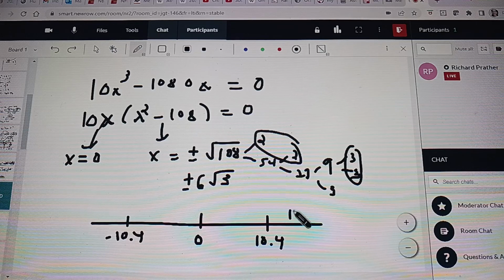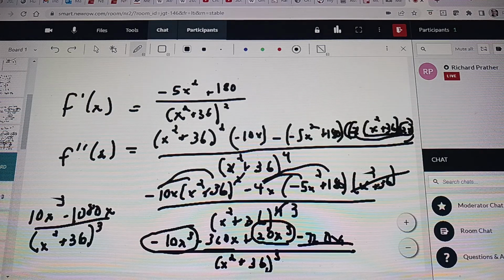You would need to pick something like 11, 1, negative 1, and negative 11 and plug it into the second derivative to see when it's positive or negative. And is it going to switch from one to the other? Then we're going to get inflection points. So now I need to plug it into this big mess.